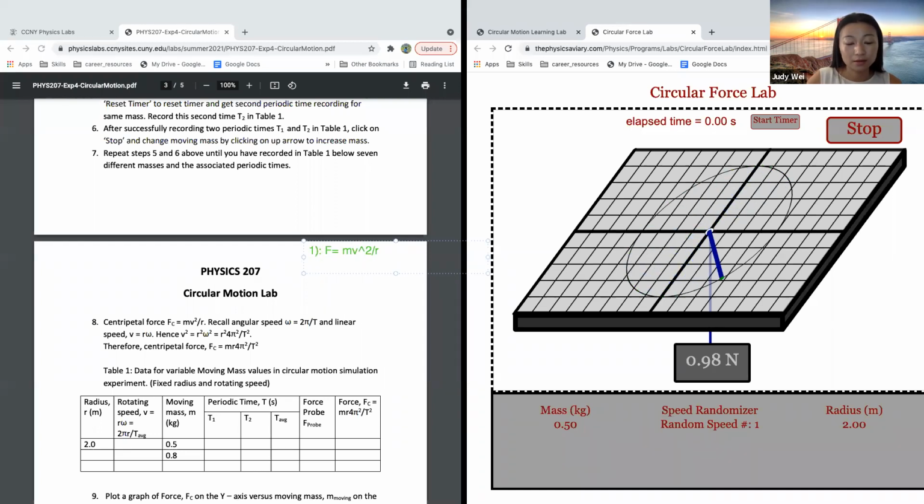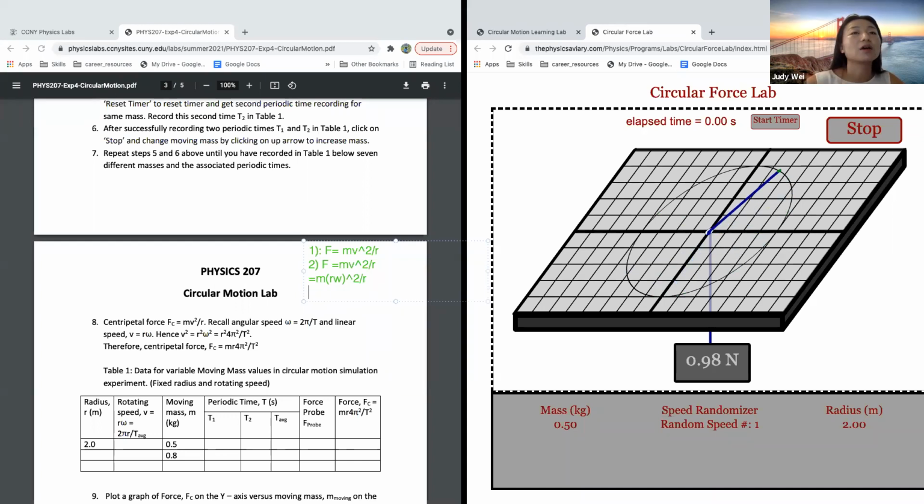The second way is a derivative. So F equal to mv squared over r, and v equal to r omega. So mv squared, v is r omega, so we have m times r omega squared over r, right?